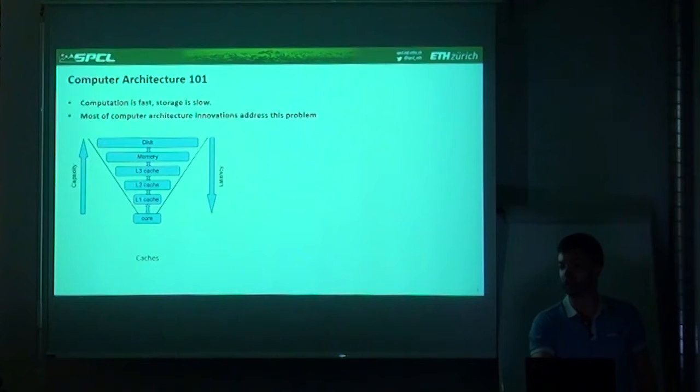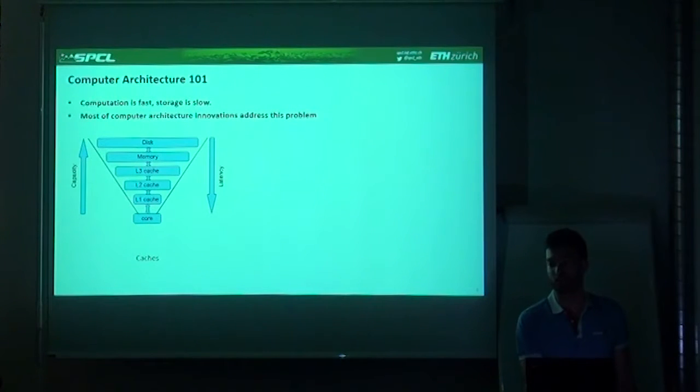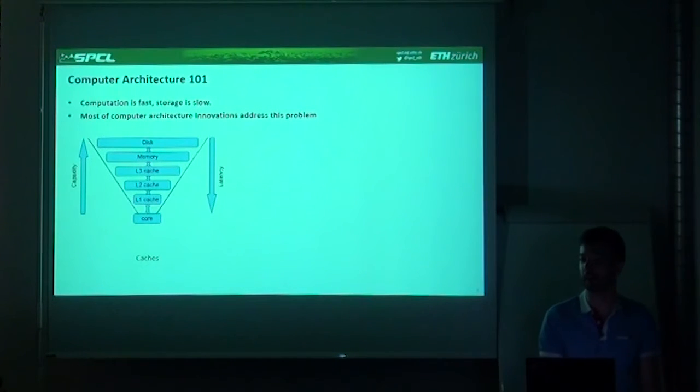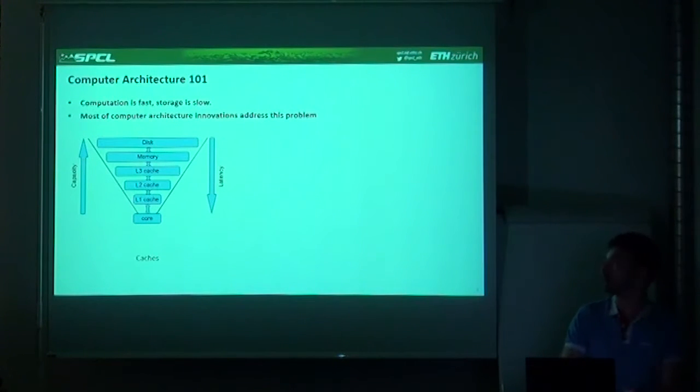And one of the earliest tricks and one of the most well-known is caching. So we have our compute core. Our compute core is connected to L1 cache, which is connected to more levels of caches. The good thing about these caches is they are very fast. The bad thing is they are very expensive, either in the amount of power they use per bit flip, or just having them on the processor die is expensive because it takes a lot of space, or in other ways expensive.